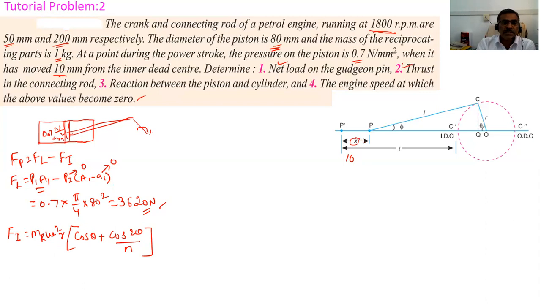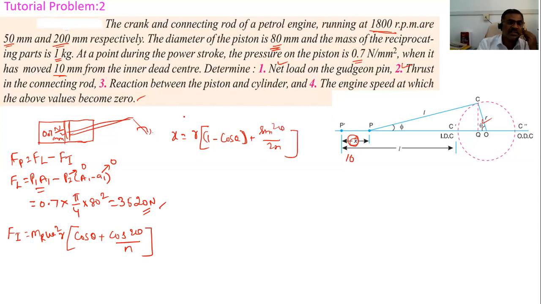But the displacement x is given. The x and theta are interrelated. There is an equation relating x and theta, which we have already discussed. X is equal to R into 1 minus cos theta plus sine square theta by 2n.